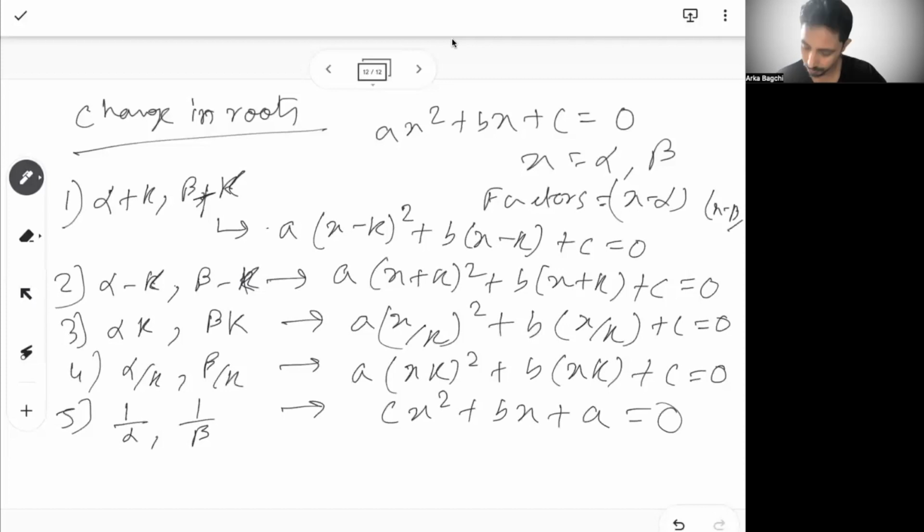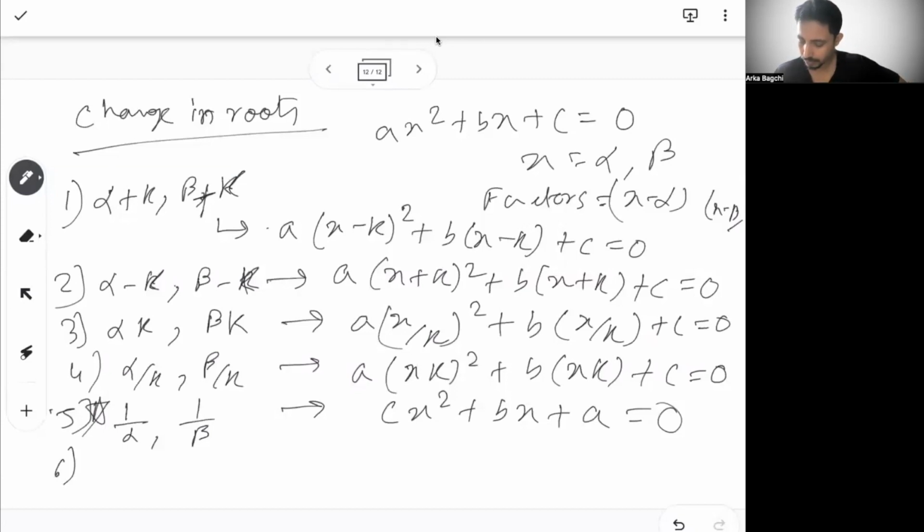Very, very important one. This one you can put a star. When the roots become the reciprocals, this is how your equation changes. What we see is that when it becomes reciprocal, c and a interchange their position, right?